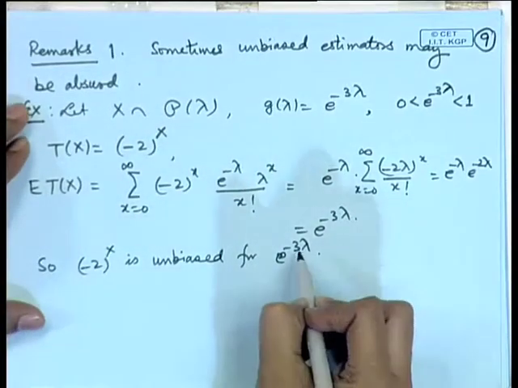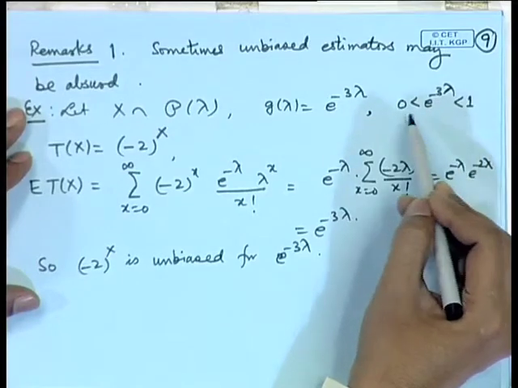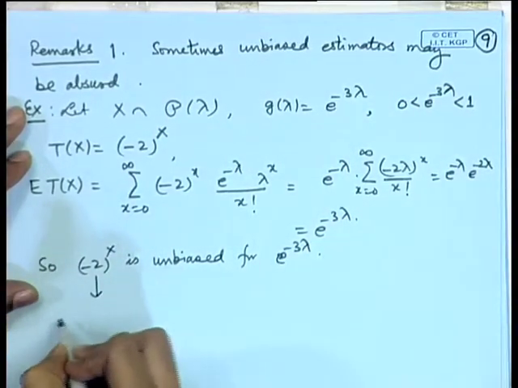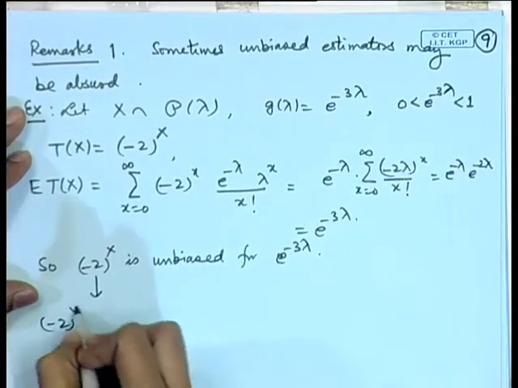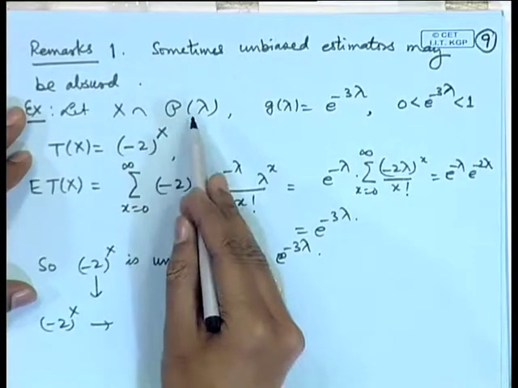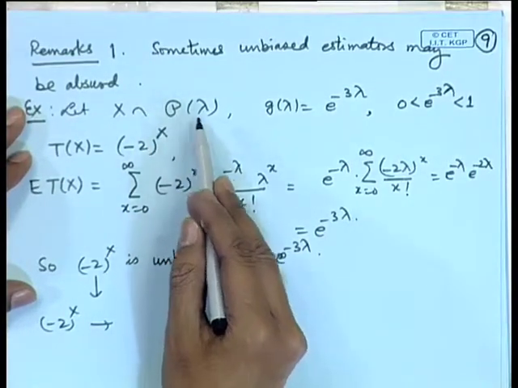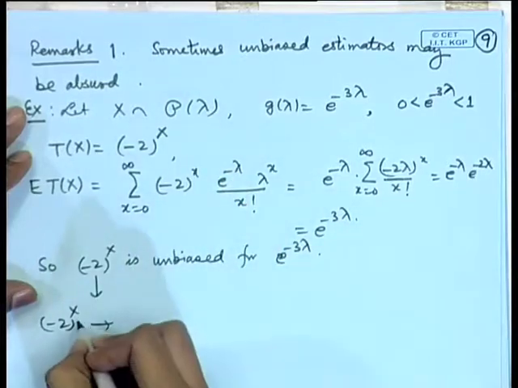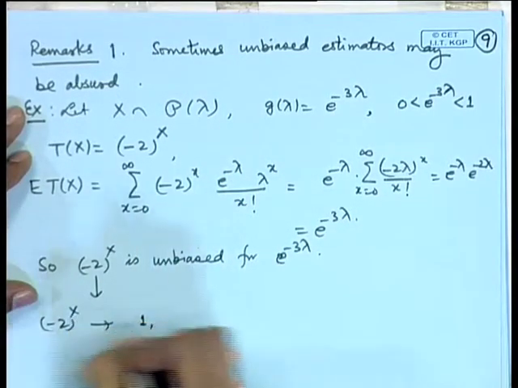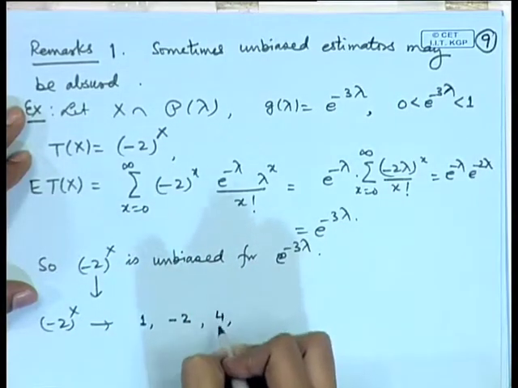But let us see, e to the power minus 3 lambda, as we have seen, it lies between 0 and 1, but what are the values of minus 2 to the power x? X can take values 0, 1, 2 and so on, because x is a Poisson random variable. So, it will take non-negative integral values. If I take x equal to 0, this is 1. If I take x equal to 1, I get minus 2. If I take x equal to 2, it is 4.